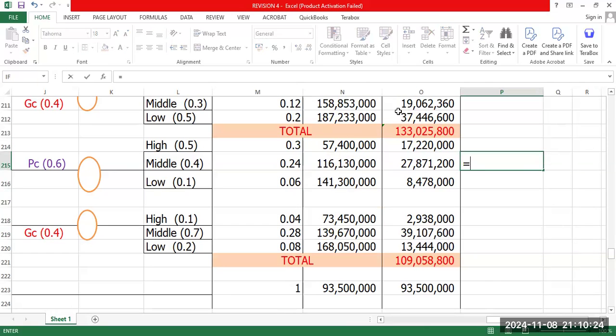So let me see. This is below 100. This is above 100. So I get this, plus this is above, I add, plus this is below, I don't add, this is above, I add, plus this is above, I add. That is the chance.